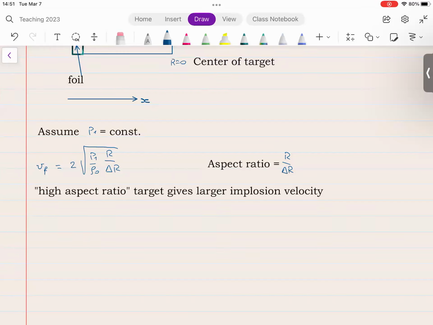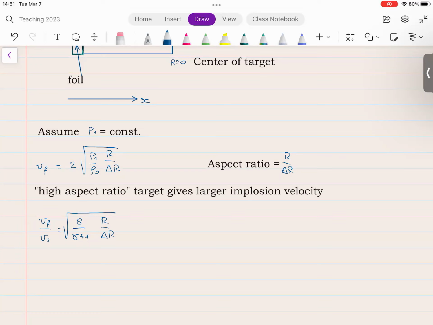Indeed, if you work this out, you find that V sub F, V foil over V solid, is equal to the square root of 8 over gamma plus 1 times R over delta R. That means that this high aspect ratio can give you an implosion velocity that's much higher if you have a thin foil instead of having a solid target.